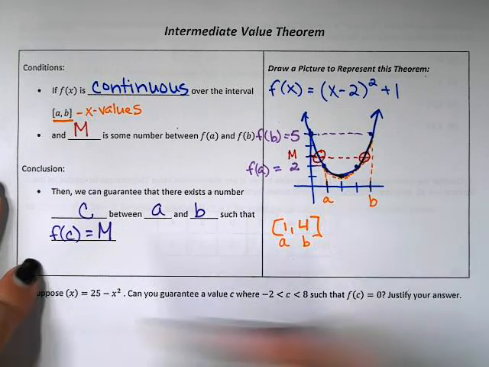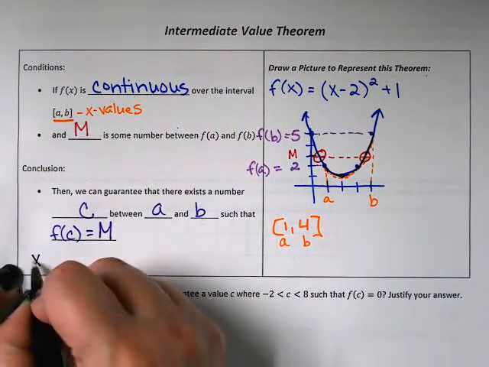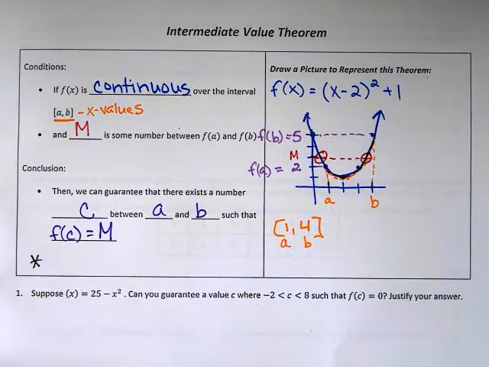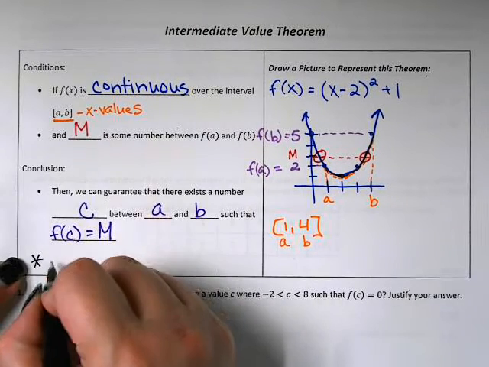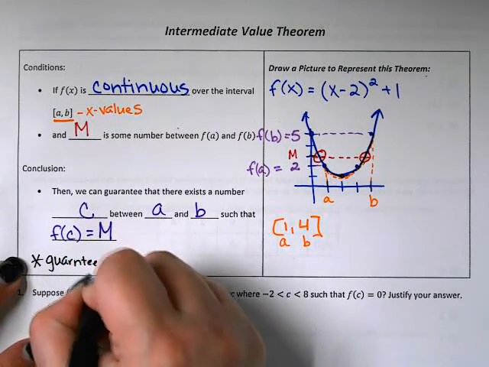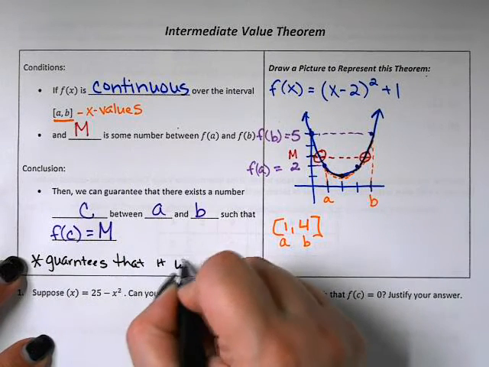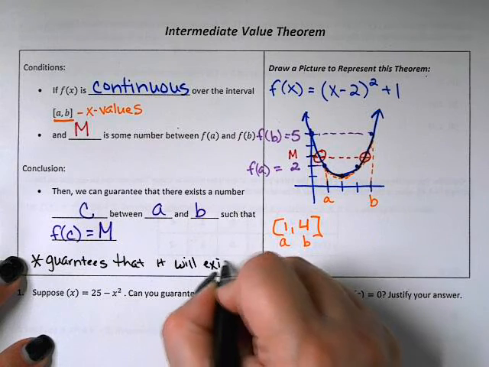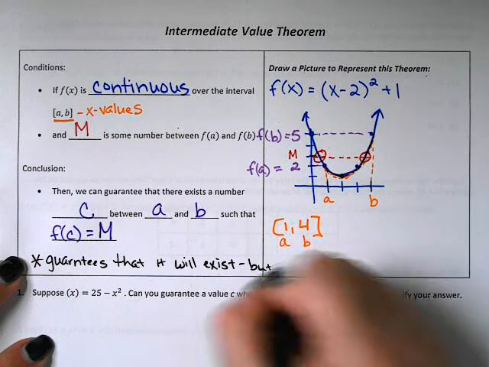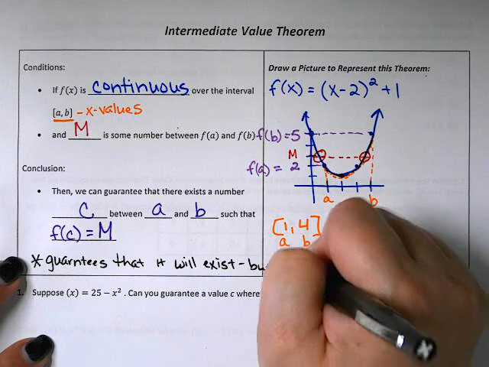Okay, this theorem, it's really important to note, so I'm going to just put a little star down here. All this does is it guarantees that it will exist. But it doesn't tell us where.